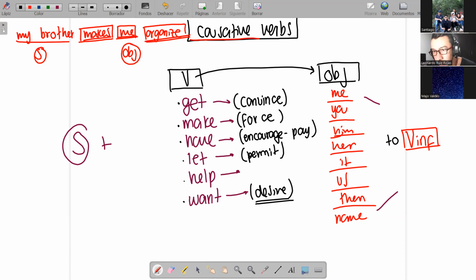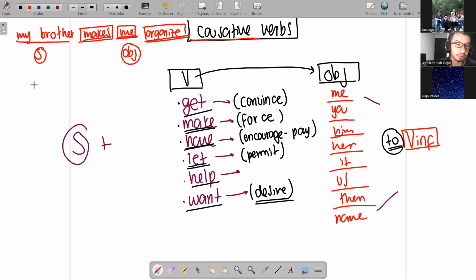Some of them include the preposition to before the verb. For example, want, help, yes, get. Other ones, not necessarily. For example, have is not necessary. Let is not necessary. Make is not necessary to use the to, right?